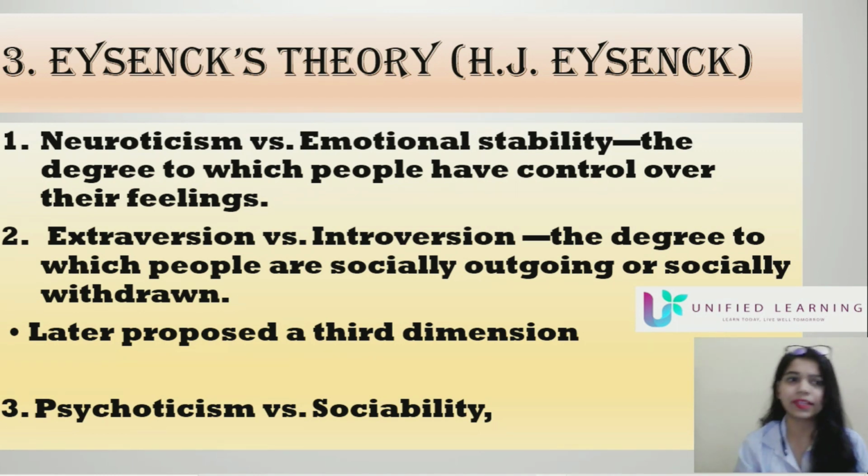Next, we are going to talk about extroversion versus introversion. We define this as the degree to which people are socially outgoing or socially withdrawn. Those who are high on extroversion will show traits such as being very thrill seeking, impulsive, and gregarious.